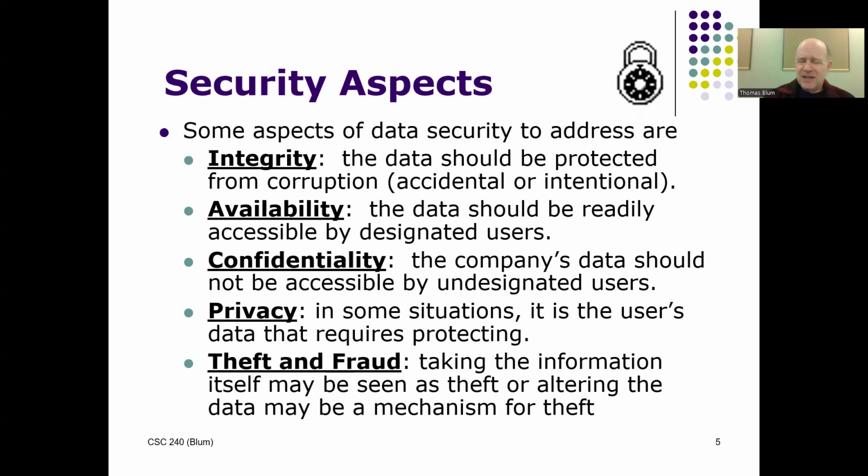Confidentiality: this is the company's data, and we want to make some of the data available, but we also want to protect it from users who ought not have access to particular kinds of information. The flip side of that is privacy, and it may be the users that we need to protect.